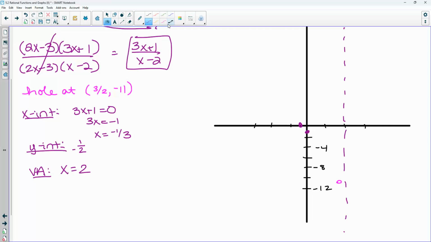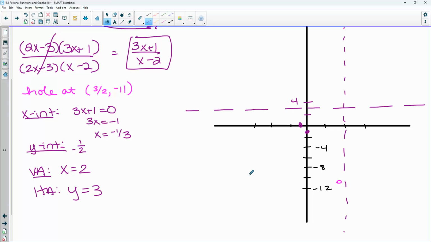In this case, when we divide 3x divided by x, we get 3. So that is just a horizontal y equals 3. Counted by 2's on my y-axis and then continue that here.